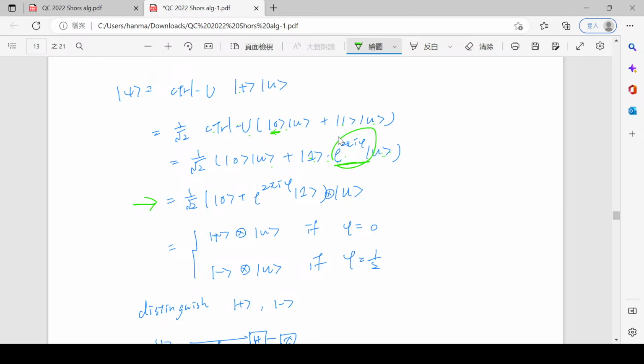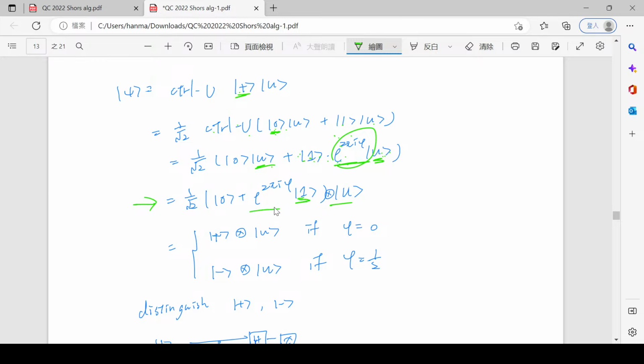So you can also think of this as multiplying your 1, and then your second register is just staying u, because the phase you kick back to this 1. This is just a mathematical thing. Anyway, you found out that the second register stays u, and your first register, this plus state, gets an extra phase on this 1.